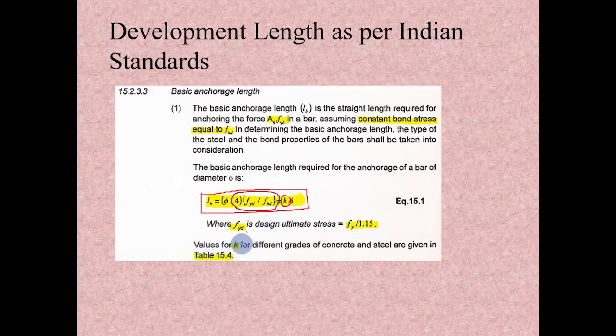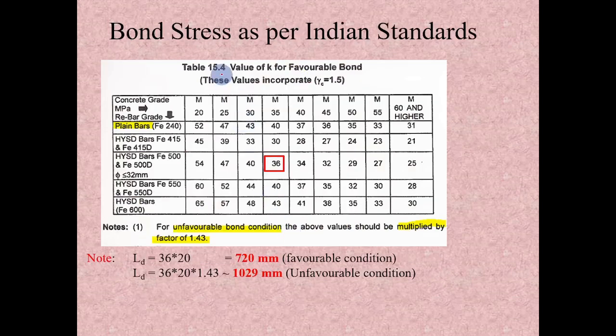The value of K for different grades of concrete and steel is given in separate tables. The value of K for favorable bond condition is given here, for the various grades of concrete and various grades of steel. The plain bar is given separately and the deformed bar is given separately here.